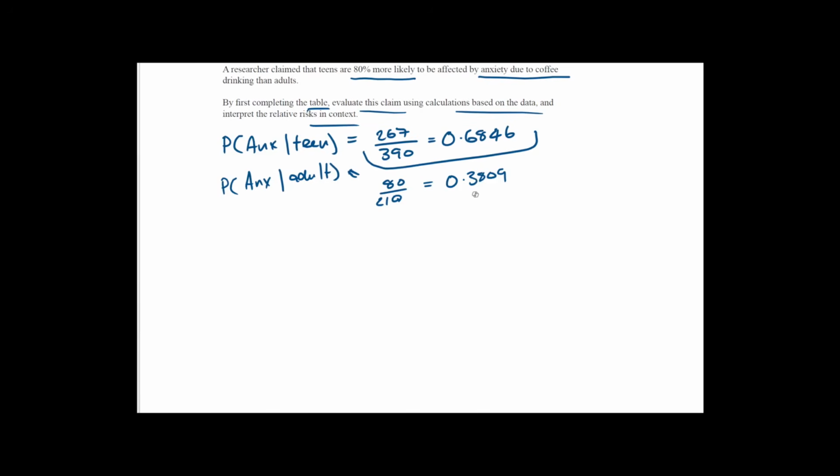So the relative risk is going to be the probability of anxiety given teens over the probability of anxiety given adults. I know you hate being called children.